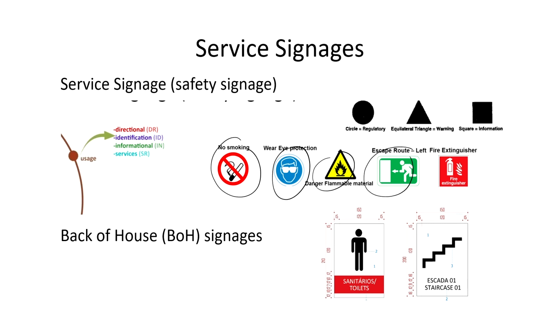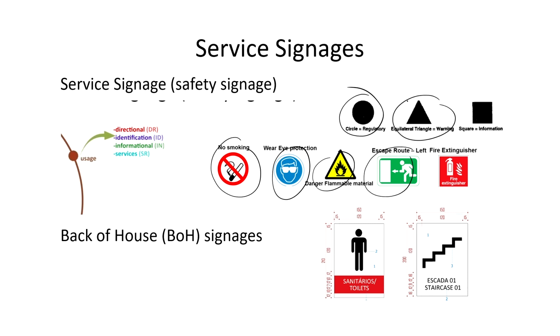Okay, now go back to the shape. How are shapes important and what are their associations? Here, if you see, the circle actually represents the regulatory. So, all the regulatory information needs to be in a circle. The triangle is for warning.